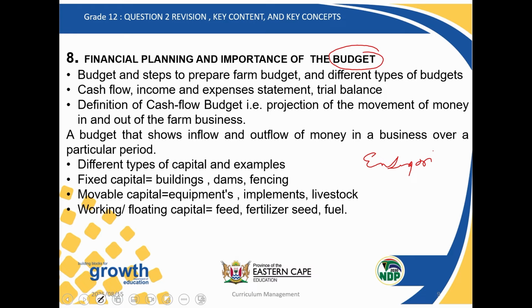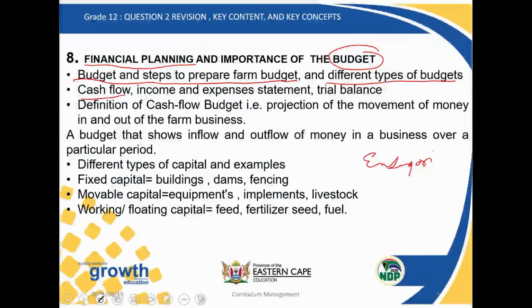So if you look at this presentation, the financial planning, in as much as you plan for land use, you plan for the technologies that will be used, you must also plan for the finances that will be used. What is a budget, and how is a farm budget prepared, and what are the different types of budgets?